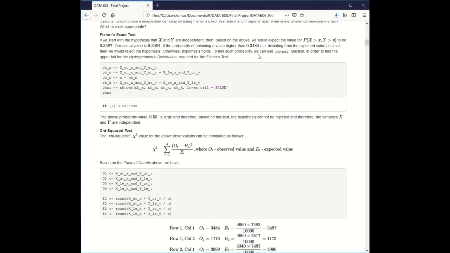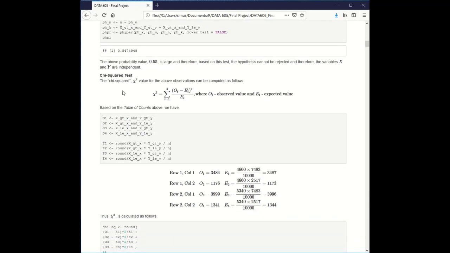If we are too far from the expected value, so our probability is small, then we can reject the hypothesis that x and y are independent. In this case we got a probability of 0.5474 using the phyper function, which is a large probability, and therefore we cannot reject the null hypothesis. So we should maintain the claim that x and y are independent.